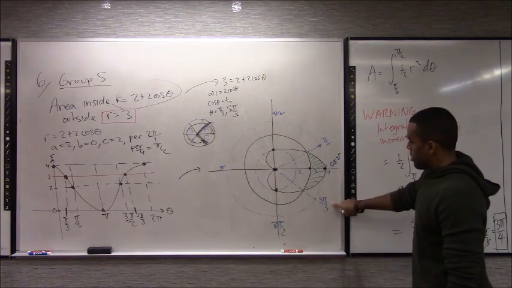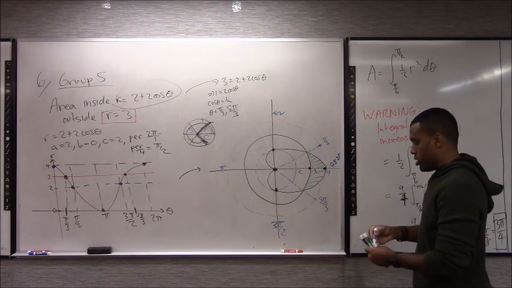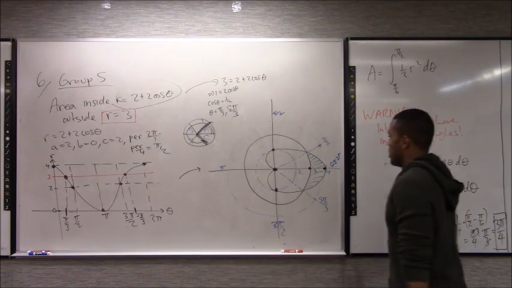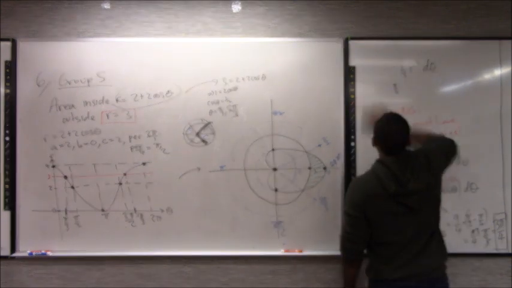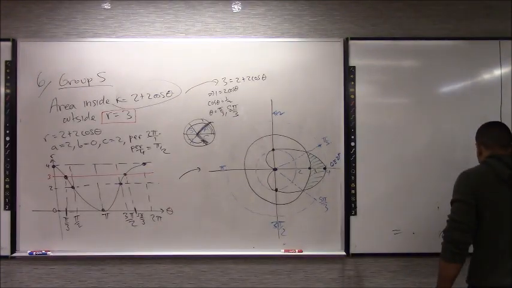Now, if you're integrating from here to here, you would think of this as minus pi over 3 to pi over 3, because you definitely want the angles increasing. This is symmetric though, despite appearances, so you could also do 0 to pi over 3 and then double the answer. But ultimately, we want the area between two curves.